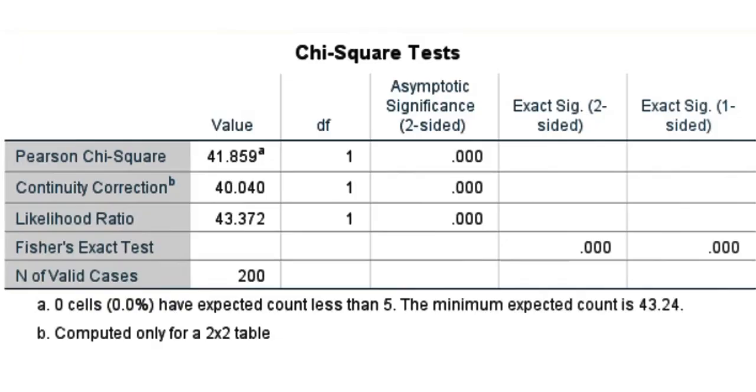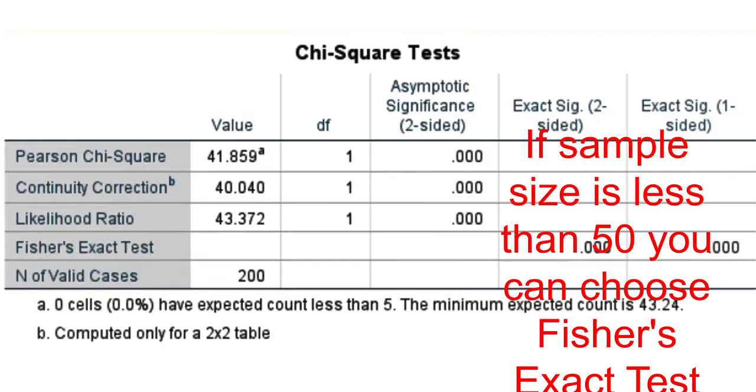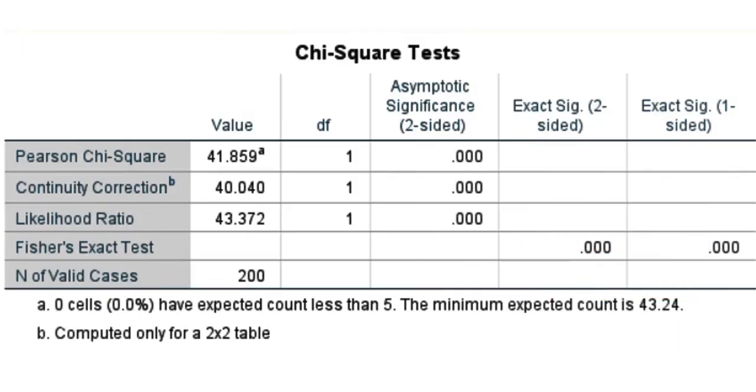If your sample size is less than 50, you will have to choose another test of significance. The most critical rule is that every cell in your contingency table must have an expected frequency of at least 5.